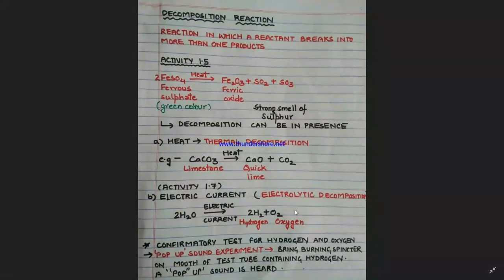This experiment can be conducted with the help of a mug, two test tubes, two electrodes and a battery attached to it. At the two electrodes, we keep the test tubes in the inverted position, and the mug is full of water.